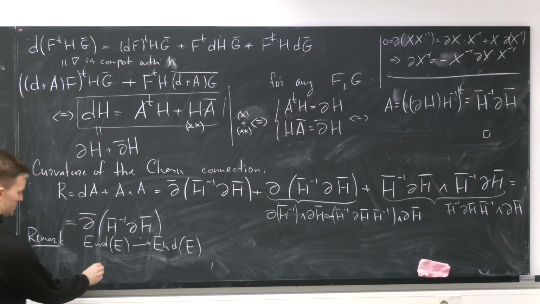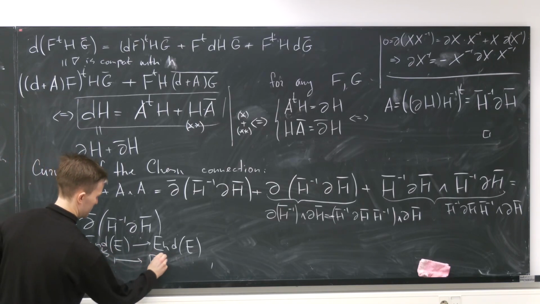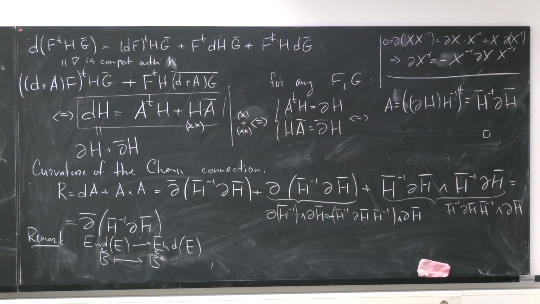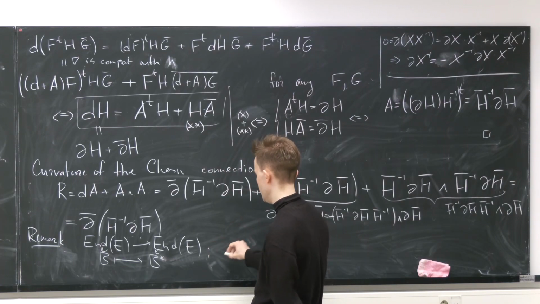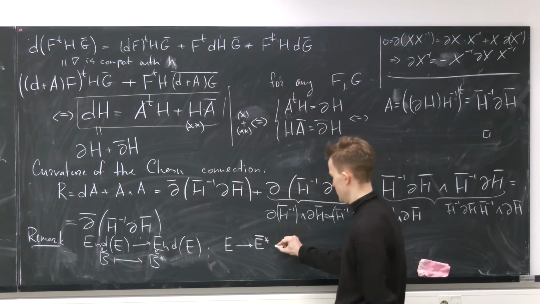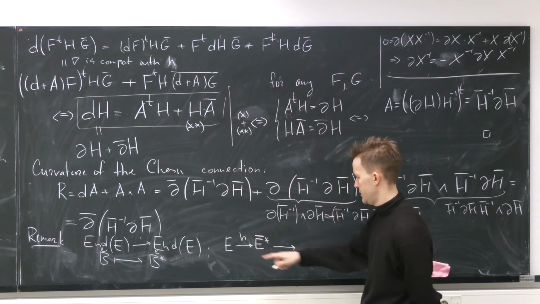If I have B here, it is mapped to B star in the following way. First I can view my Hermitian metric as a map from E to E bar dual, and this map is given by the Hermitian metric.